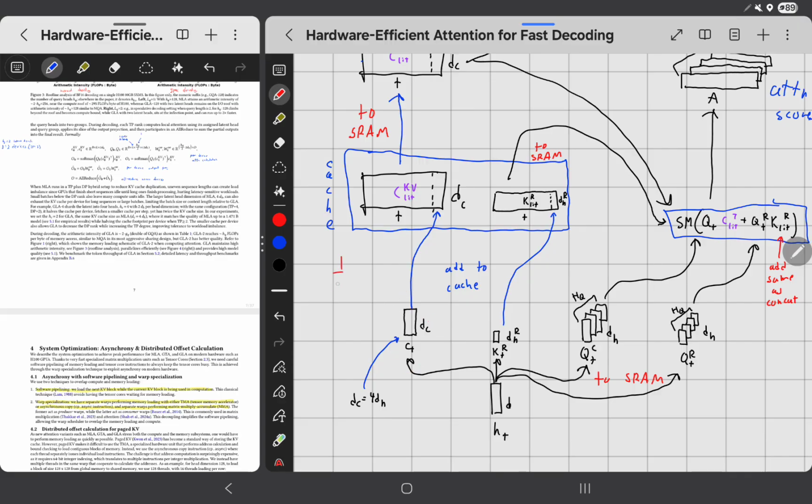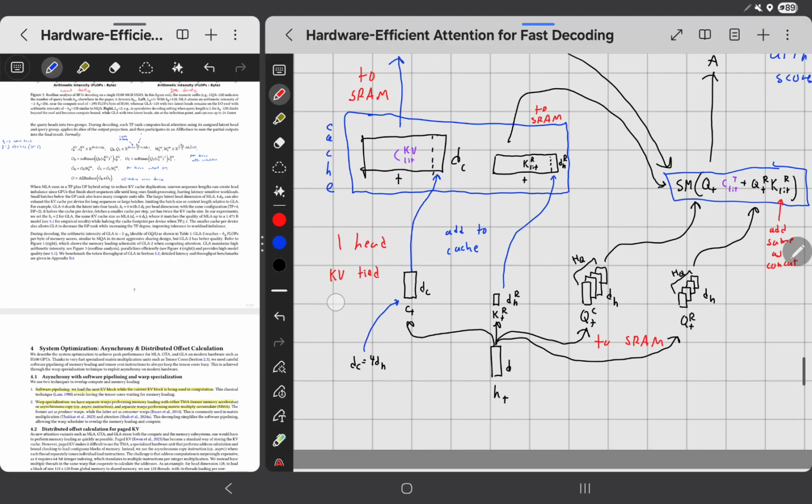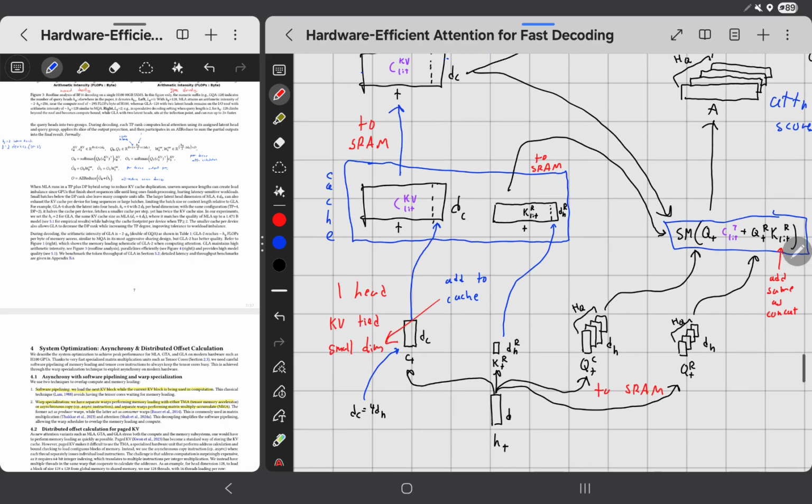So not only do you have your keys and values stored together, so tied, in this case as one head, but you also have a small dimension. So this is the third axis they're changing. They're saying, let's decrease the dimension to reduce the KV cache even more. So this is the third axis that's being scaled to make it less memory bottlenecked.